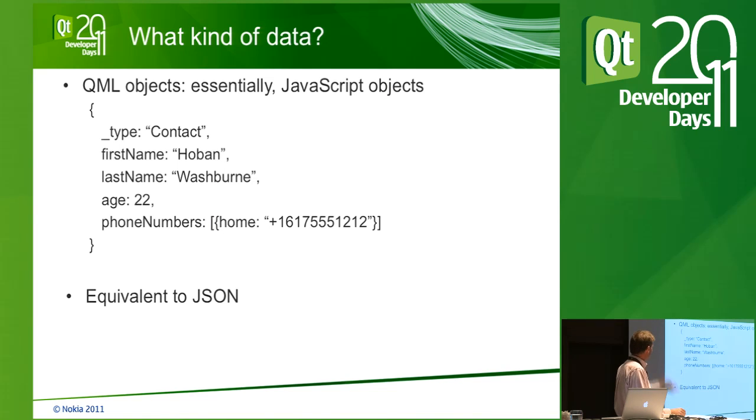So this would be JSON notation, a JavaScript object, a Qt Quick object, and you can have key value pairs. They can be strings, numbers, lists, other nested objects, and it can get kind of arbitrarily rich and complicated depending on what you want to do in your applications, or what somebody else did when they were creating some data that you might want to use.